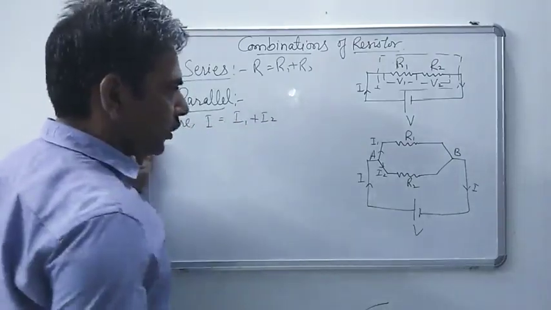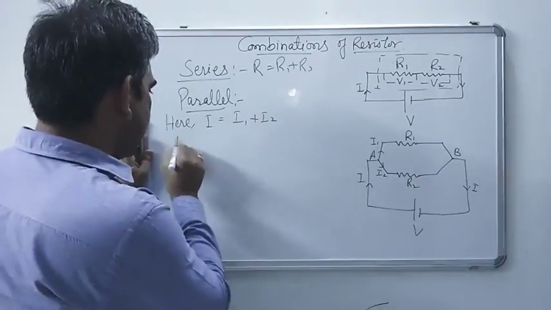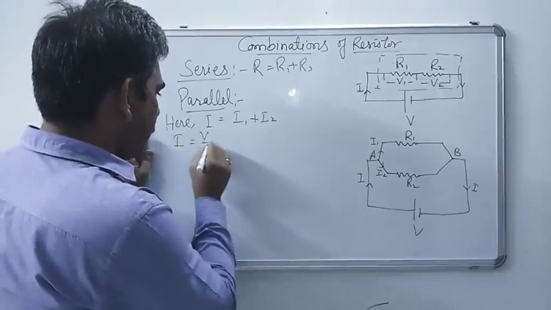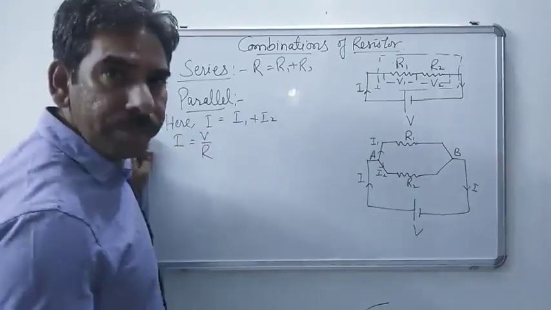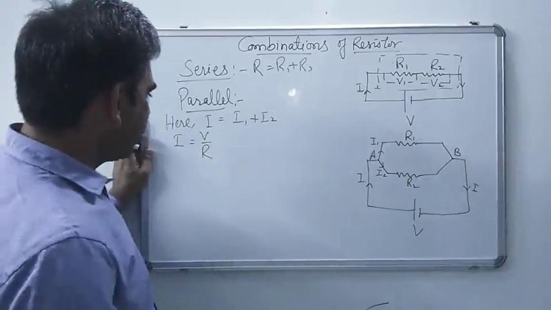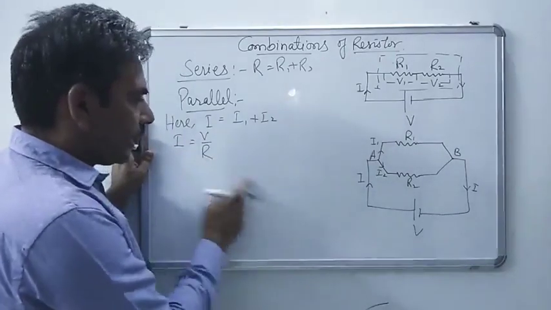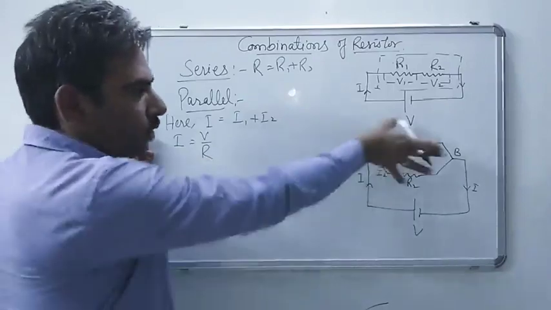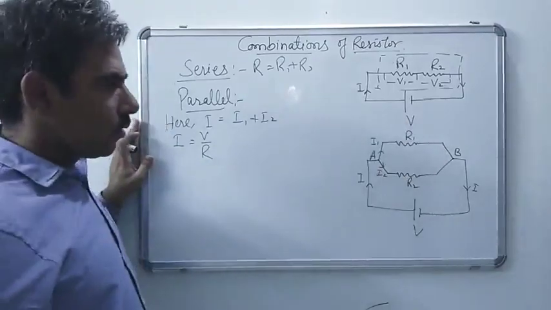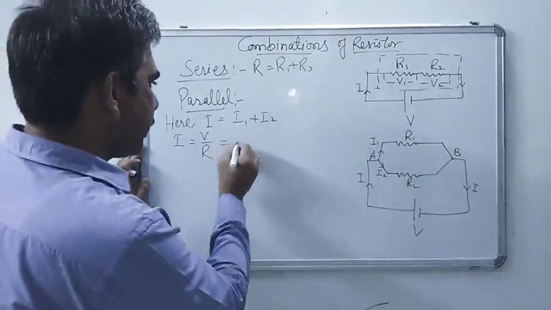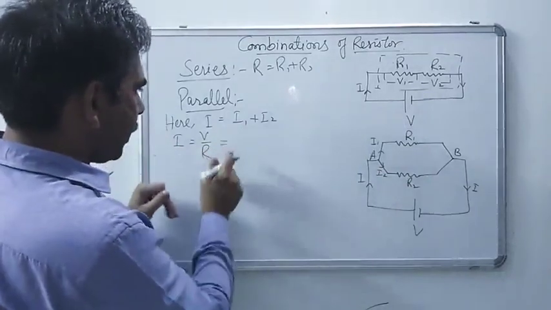Again we can make use of Ohm's law, which simply says that I is nothing but V upon R. So this is the net value of current, which is equal to net potential divided by the net resistance of the circuit, which is given by these two resistors in parallel. So this will be equal to I1. In the same steps we can write I1.